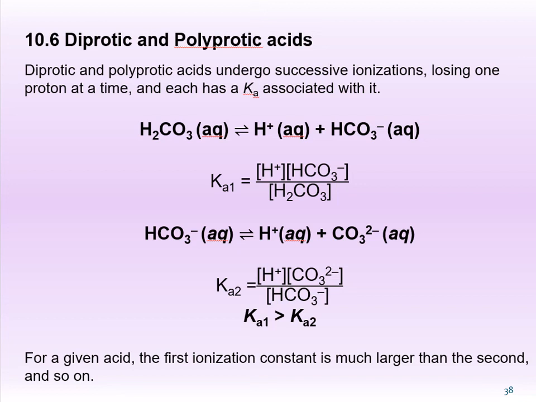Ka1 is greater than Ka2. For a given acid, the first ionization constant is much larger than the second, and so on. This is because it is harder for a negatively charged species to lose H+. After it does so, it gets a double negative charge, which is not so desirable.